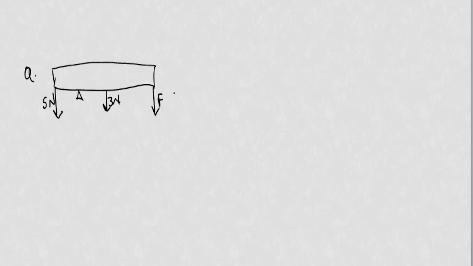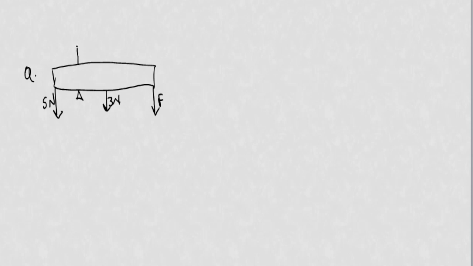So let's say we have that diagram there, then we have a pivot there, then we have a 5 newton force there, then a 3 newton force there, then here we have a force that we're going to call F, that we don't know.